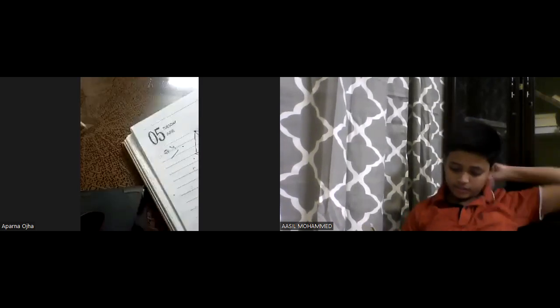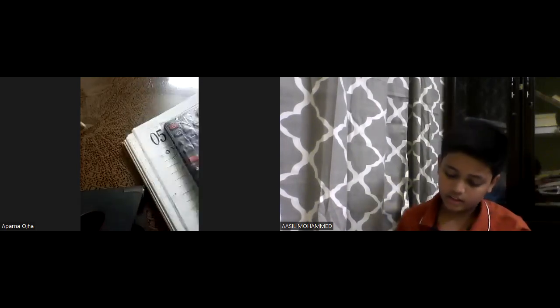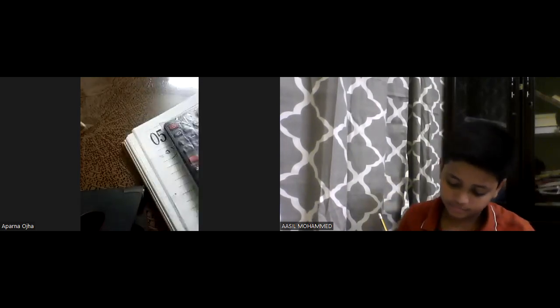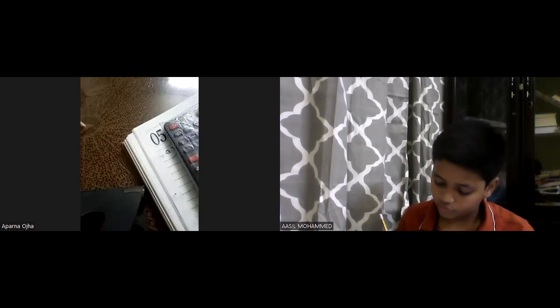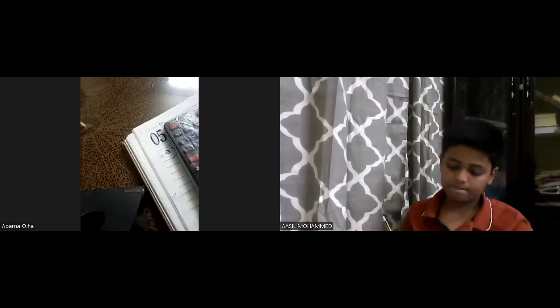Completed? Yes, the area of the first triangle is 156 meters square. Second one you have to find.